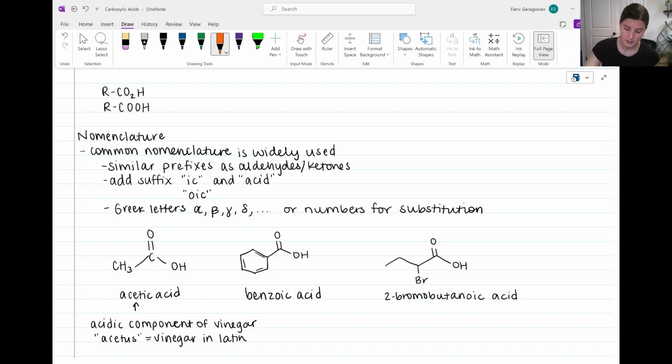So this carbon next to the carbonyl carbon is the alpha carbon, beta carbon, gamma carbon. So using Greek letters, this is alpha bromobutanoic acid.